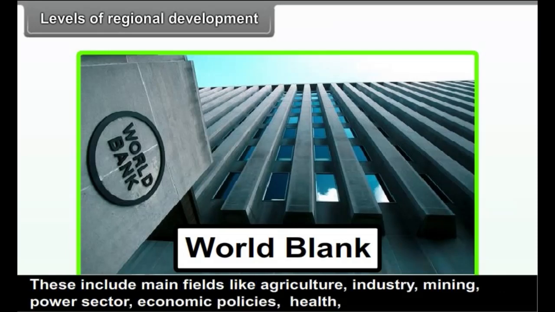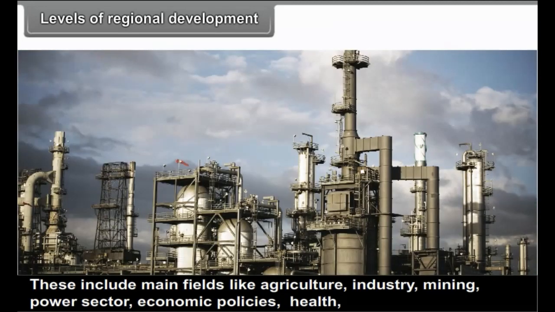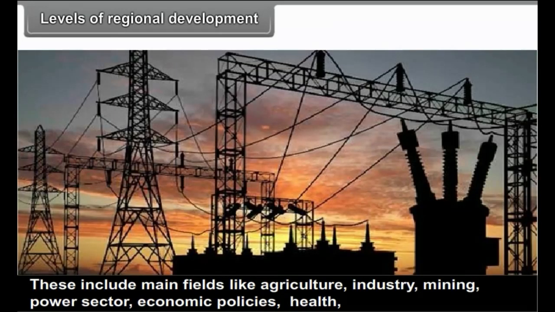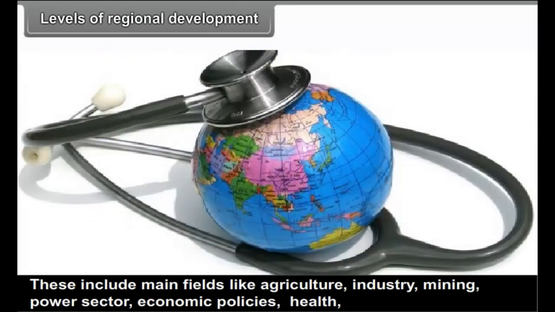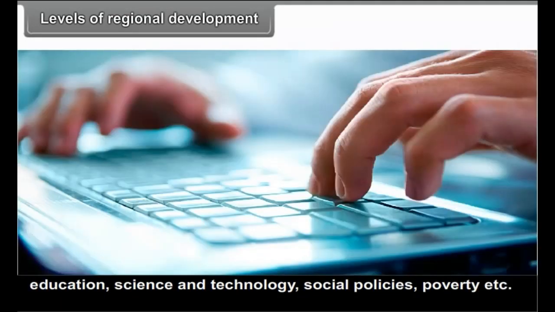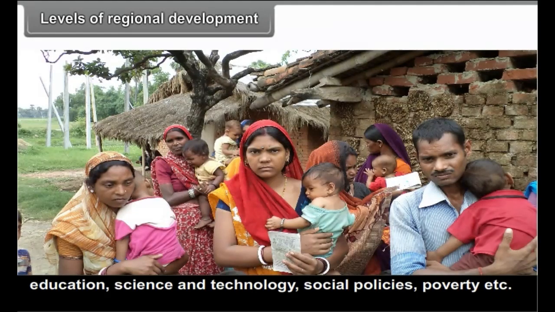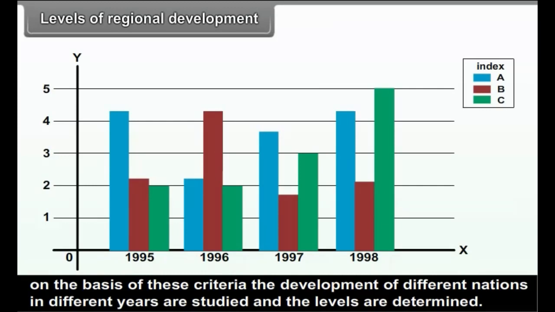These include main fields like agriculture, industry, mining, power sector, economic policies, health, education, science and technology, social policies, poverty, etc. On the basis of these criteria, the development of different nations in different years is studied and the levels are determined.